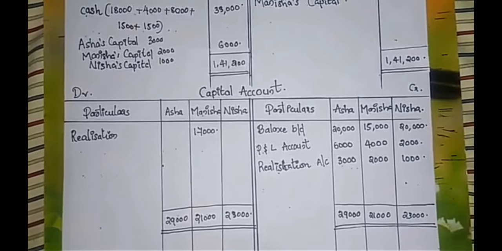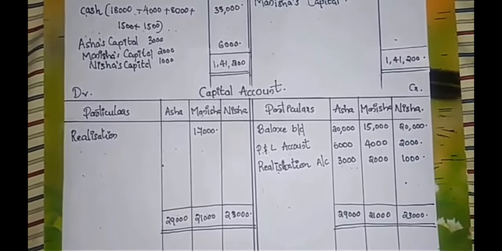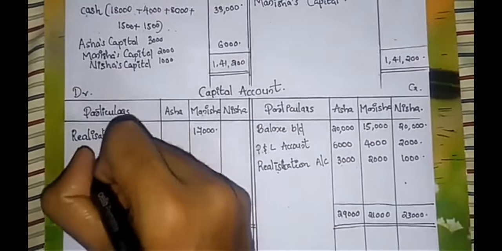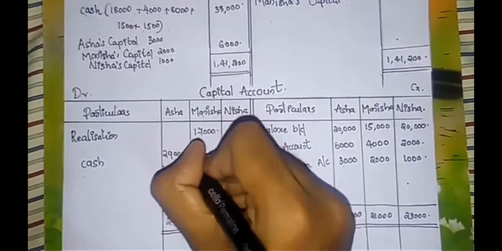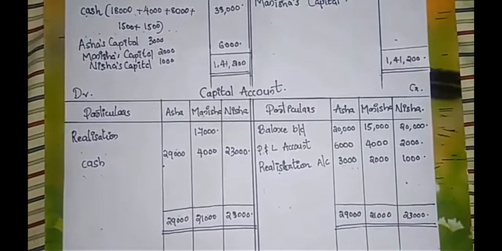So capital balance of Asha is rupees 29,000 and Manisha is rupees 4,000 and Nisha is rupees 23,000. So we need to write that. So partner's capital account is over.